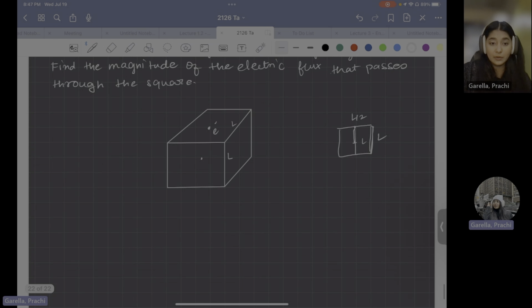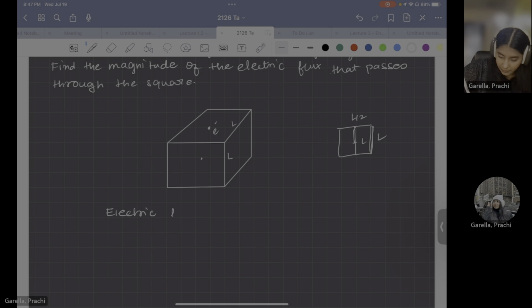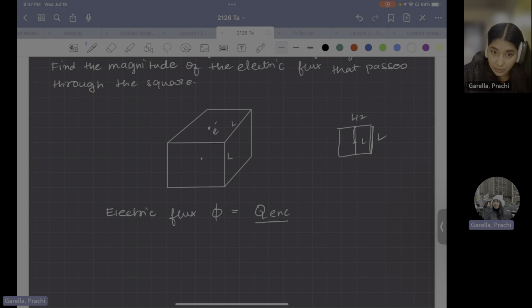Okay, so we know what electric flux is. Electric flux phi is just q enclosed over epsilon naught.